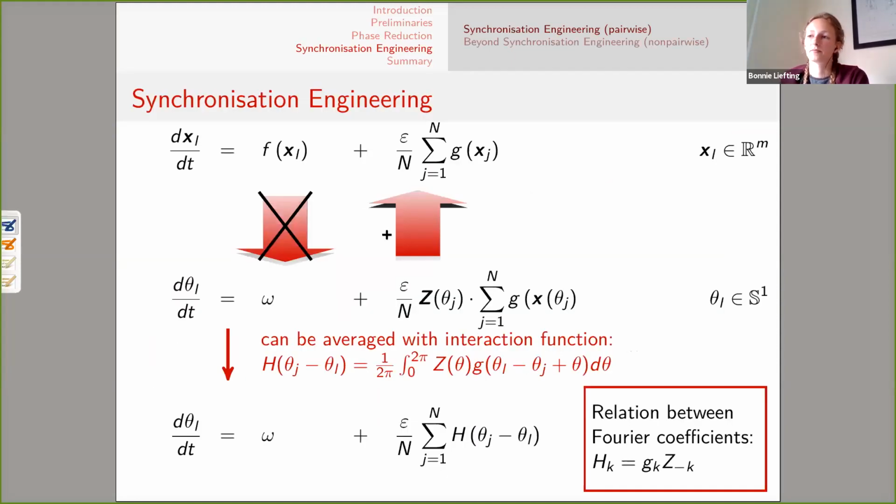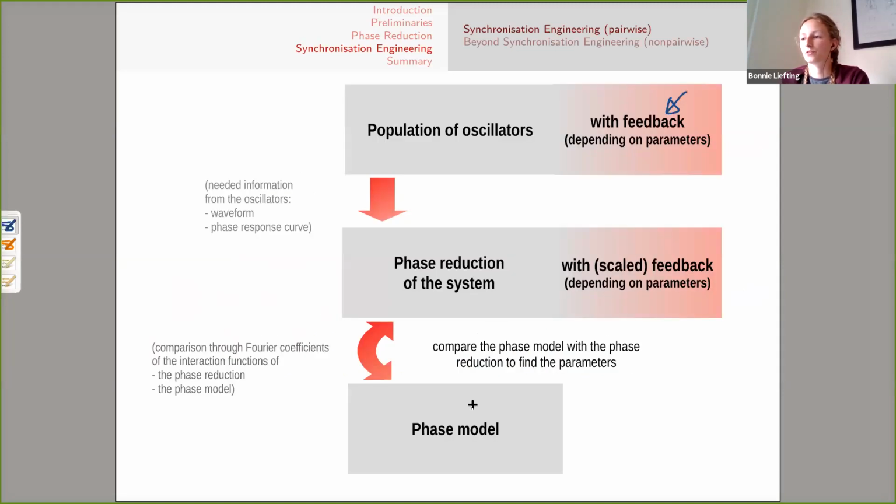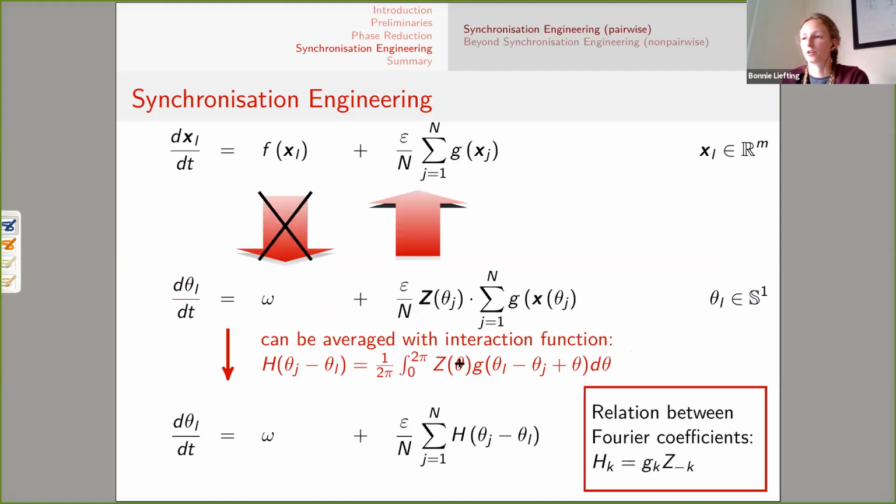Oh, actually, one thing we need to compare it to a phase model. So we do some averaging, which is rewriting what we have here so that we can look at this interaction function.